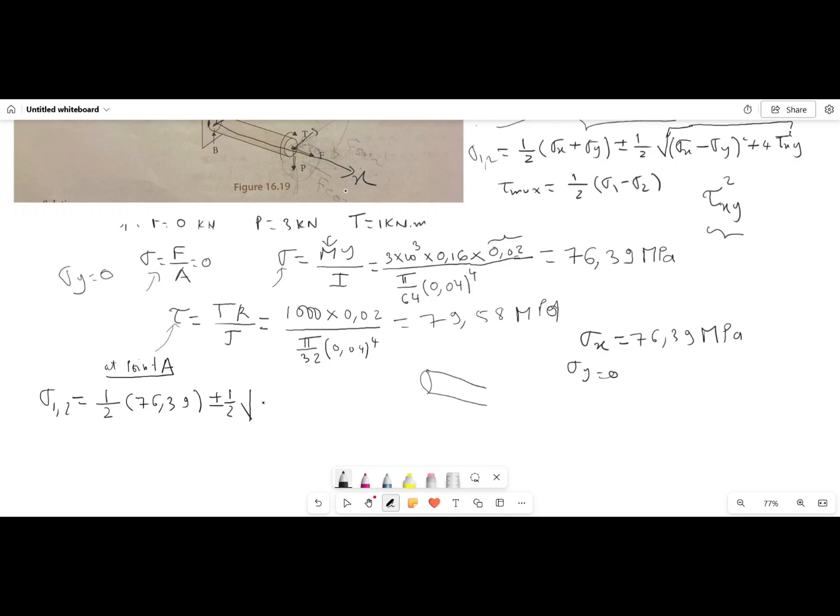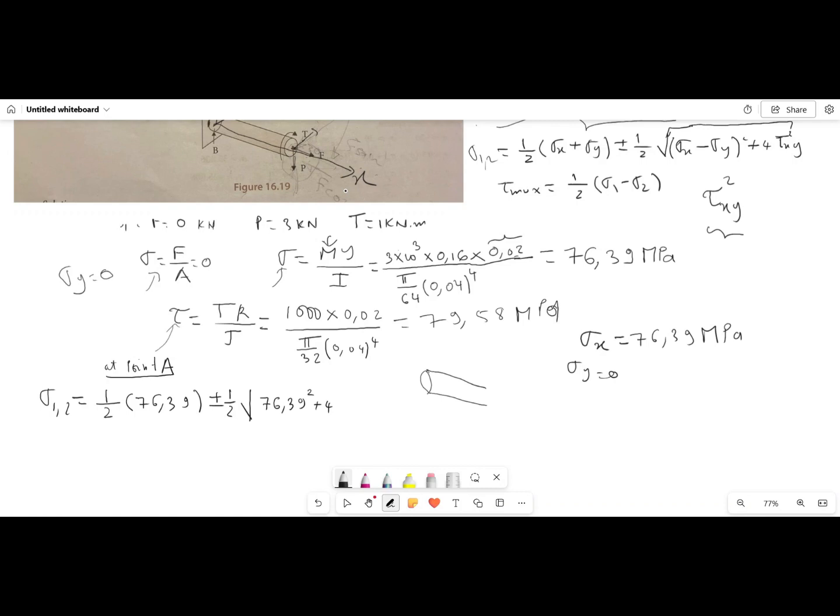Rho x is 76.39, minus, we don't have rho y, so don't bother yourself. We have this squared, plus 4. Remember, the shear stress is called rho xy because it is shearing in both directions, in x and y.